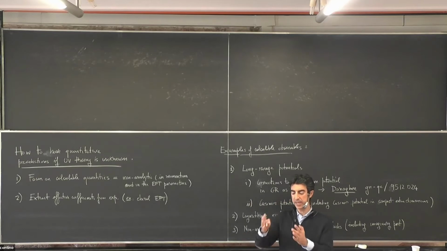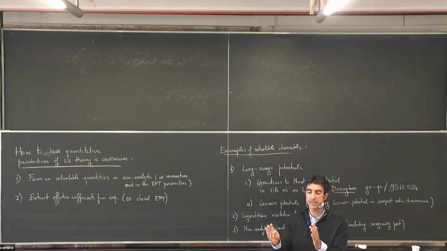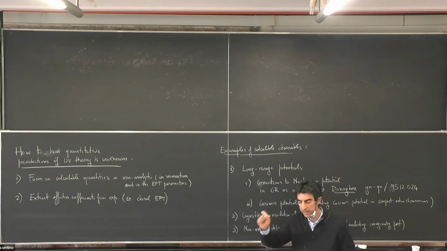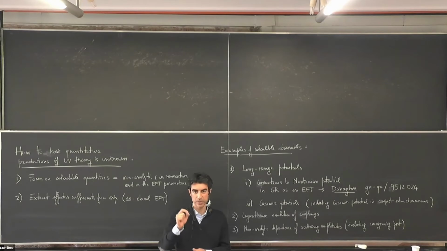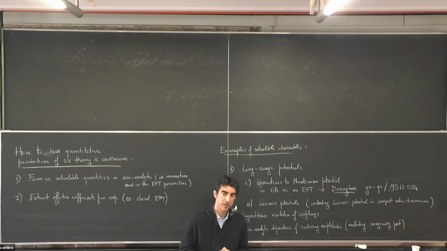You can write a dispersive relation, a dispersive integral, which is an integral over energies, and the integrand involves the imaginary part. But this, in general, does not reconstruct the full result. You cannot reconstruct entirely the real part of your scattering amplitude, because there are terms which correspond exactly to local contributions coming from the local operators, which you have to add by hand.